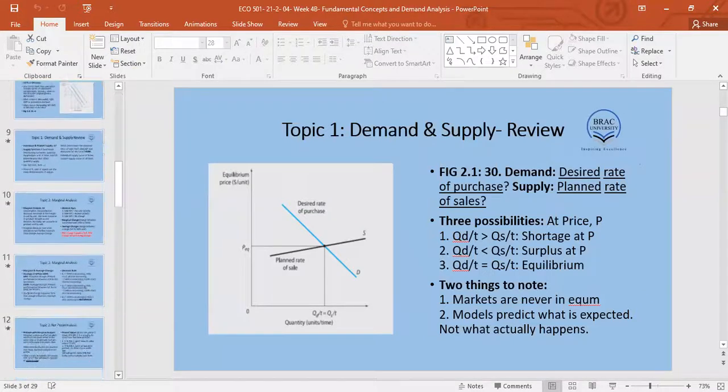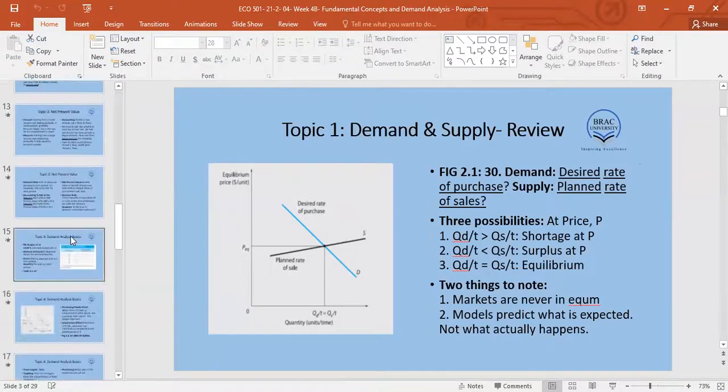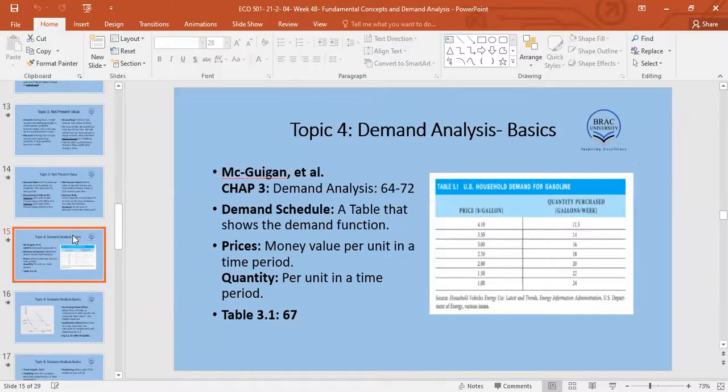Let me show you one. Okay, look at this table. This is table 3.1. It's on page number 67. When we look at a supply relationship or a demand relationship, we are looking at a set of prices and what is the quantity demanded or the quantity supplied against those set of prices.